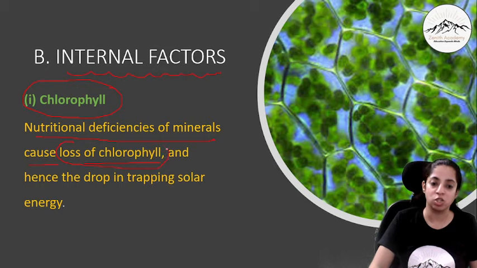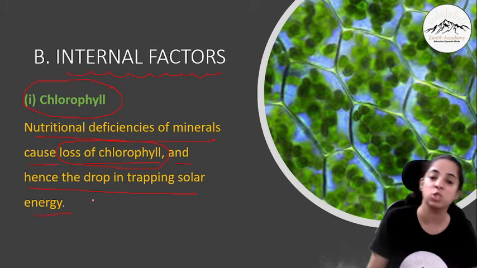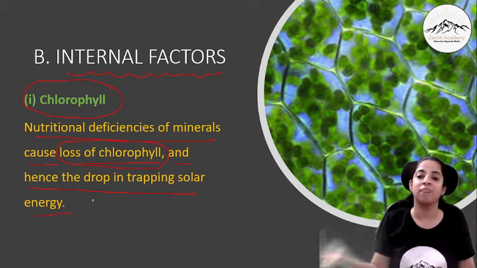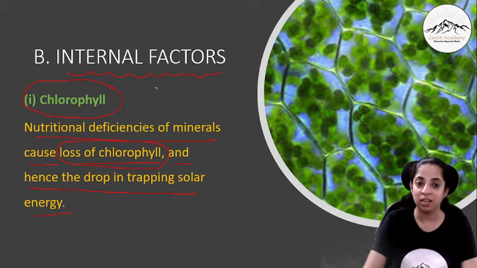Chlorophyll is lost. And hence, if the chlorophyll is less, there is a drop in trapping solar energy. Okay, if chlorophyll is less, who will trap the solar energy? And if solar energy is not trapped, then the photosynthesis will decrease, right?